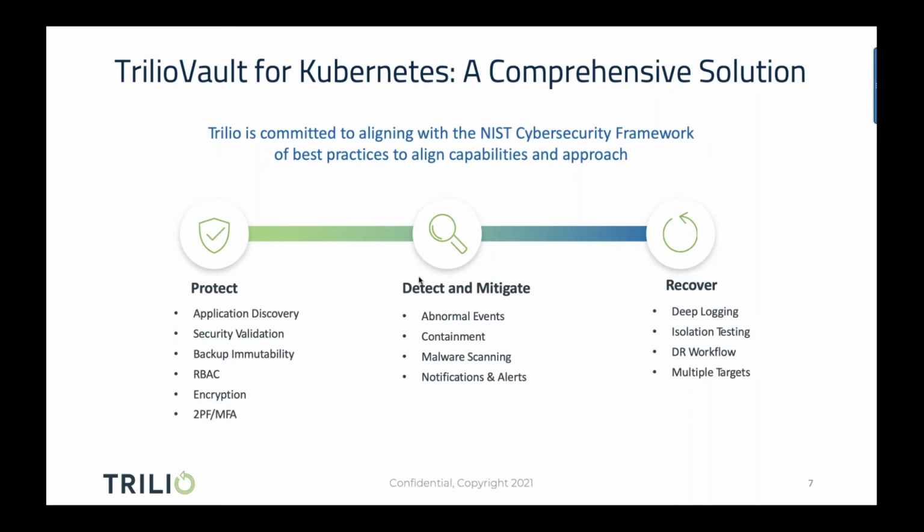So understanding and detecting these abnormal events is something that we are providing. Containment of the attack. Let's say we understand someone has started encrypting data, cutting off the service account privileges so that your backup system does not get further compromised is also something that we are providing.